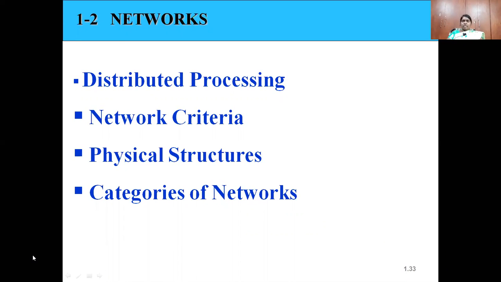Bus topology we have seen, star topology, ring topology we have seen. These are the three very important topologies that we are going to use again in our categories of network. Let's have a recollection of this. I would like to show you a small thing: when I come to the bus topology, how the systems are connected.